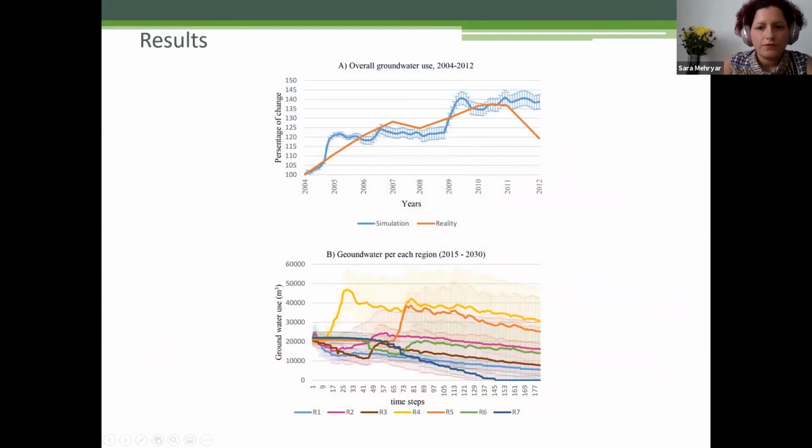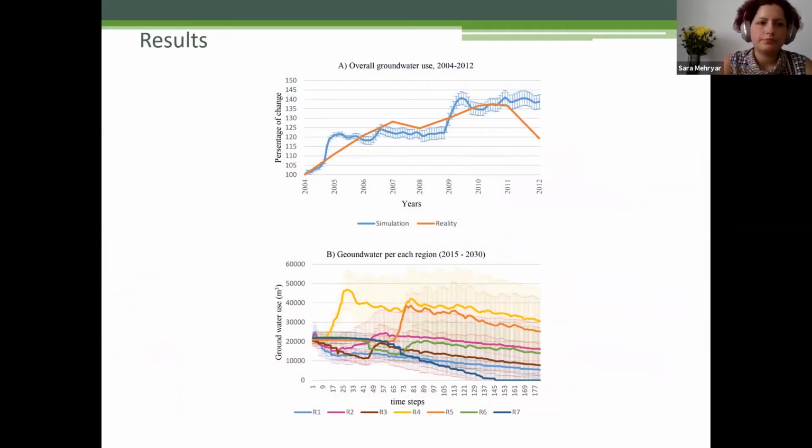For validation, we used the historical groundwater use data from 2004 to 2011 and compared it with the result of the model for the same period of time. I understand that this is not the best way to validate the model, but that's all the historical data that we could get to validate our model.